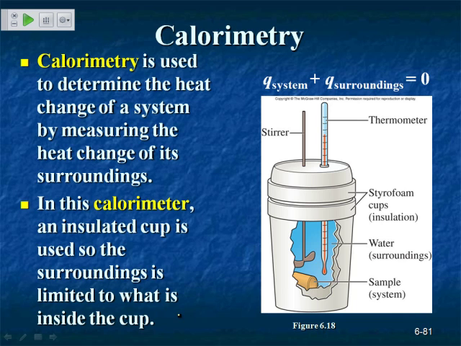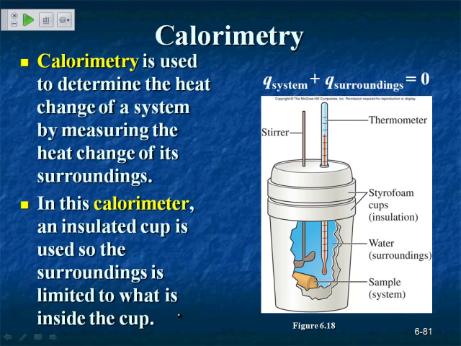If you can calculate Q of water, what is the Q of the sample? If you know the Q of the surroundings, surroundings is water, right? So if you calculate Q for water and it is negative, then the other one would be positive. So we would say the same numerical value but opposite in sign.